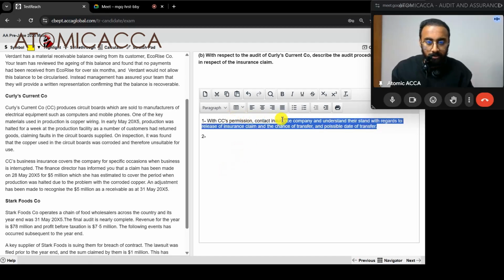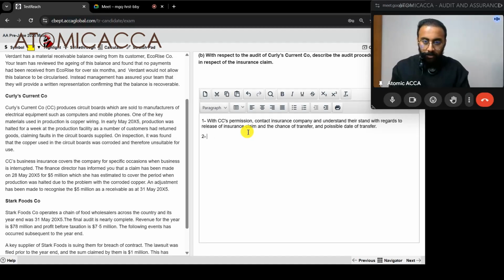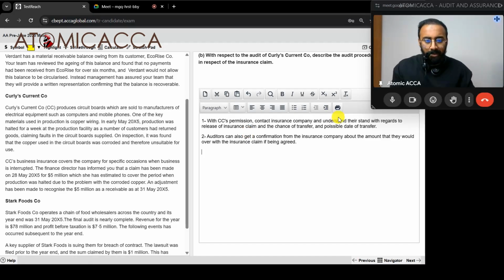So with CC's permission, auditors can also get a confirmation from the insurance company about the amount that they would cover with the insurance claim if agreed. I can write it over here also, and possible date of transfer and also an amount.